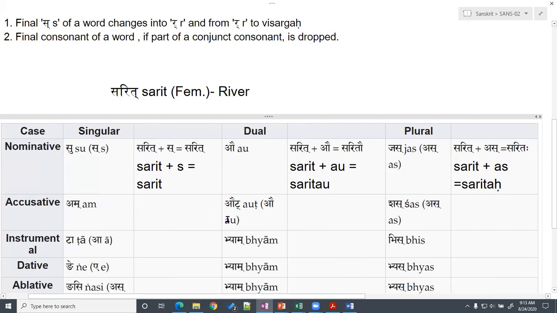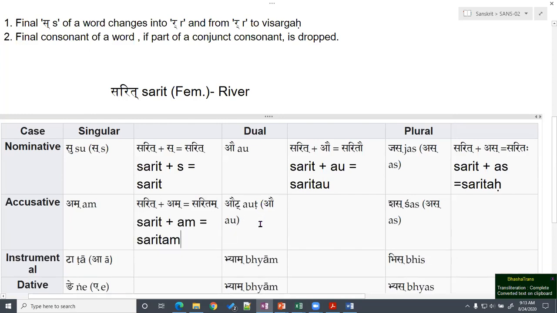Then here you can similarly add sarit plus am, and it just becomes saritam. Here it is the same form because it's au actually, the final thing remaining is au here. So this also remains the same.